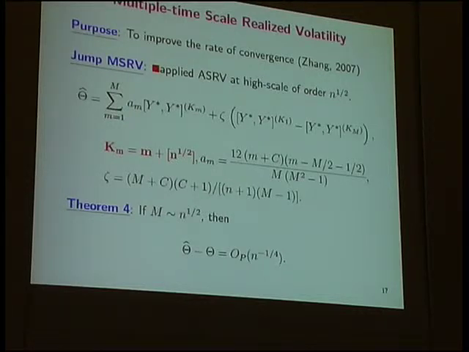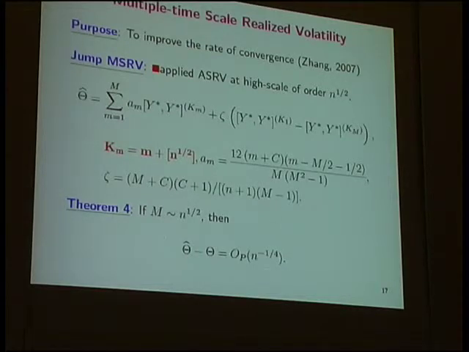The scale I apply here is very high, at root n, the integer value of root n, plus some 1, 2, 3, 4 after that. So this is K_m, and A_m is the linear combination of the subsampling procedure you have, and there are particular weights you have to choose in order to make the rate of convergence n to the 1/4.